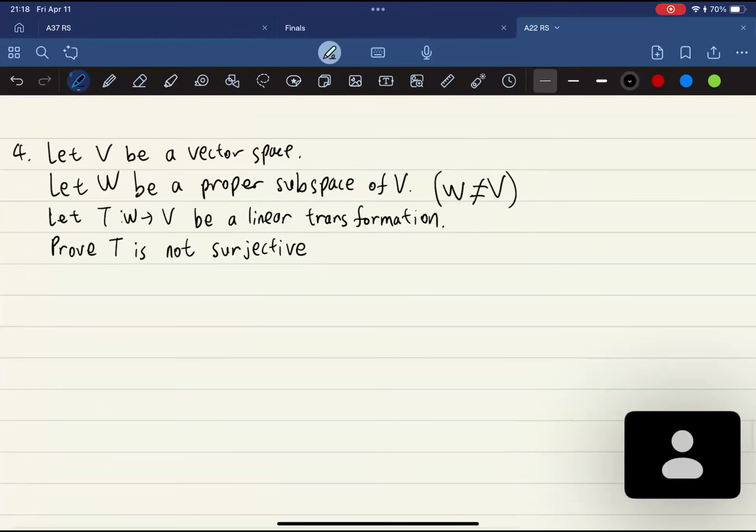So next, let V be a vector space and let W be a proper subspace of V. Let T be a linear transformation from W to V, and we need to prove that T is not surjective. Any ideas?